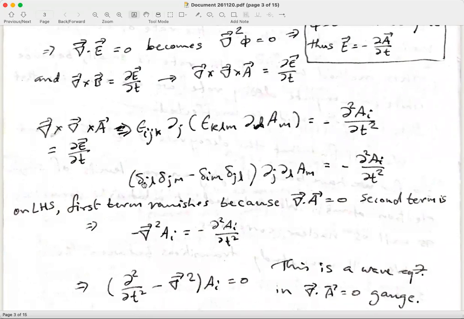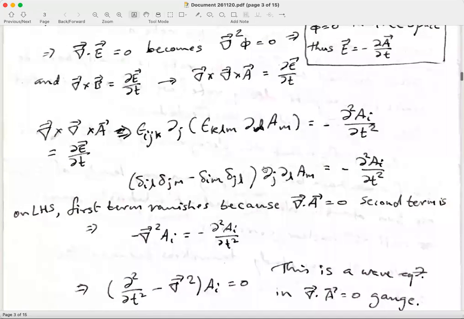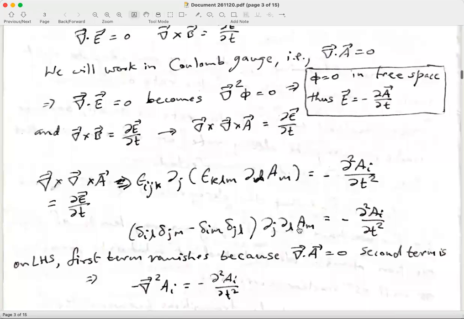Suppose you look at the delta IL delta JM case, then you find that this would become del M del I of A M, but that term would be zero because we are working in a del dot A equals zero gauge.